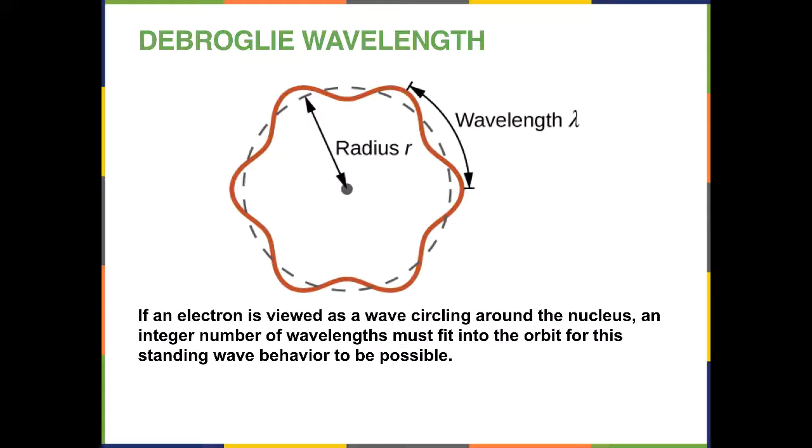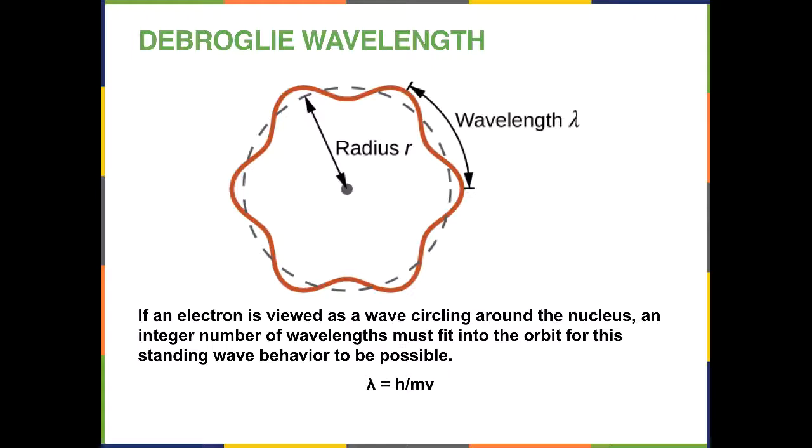So, for example, here the wavelength can't have some decimal like 6.7 or something like that. It has to be a whole number or an integer number for this to fit, and this is called a standing wave model.